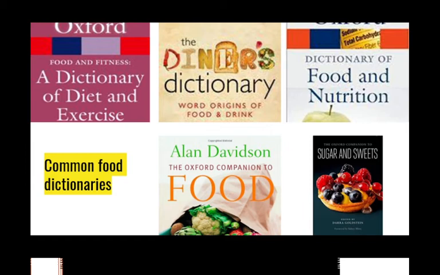So these are dictionaries that are based on food cultures. And then you can also see that in Italy, it follows the same thing. They also have their food dictionaries, which document regional food. They show pronunciation of the words. They document where and how the food comes from.